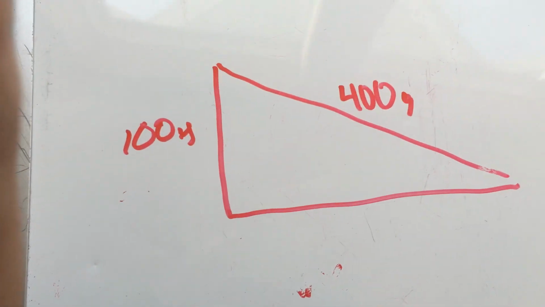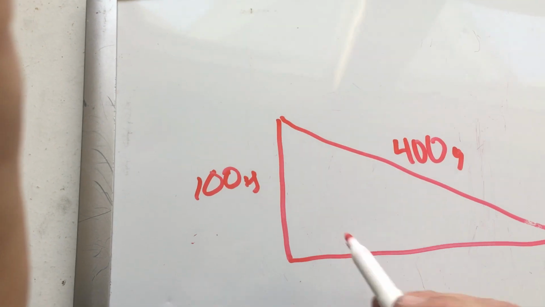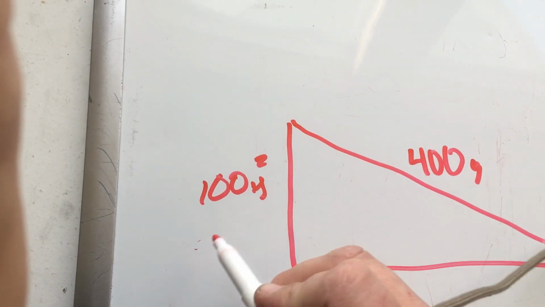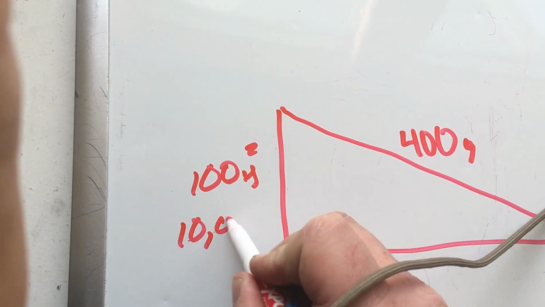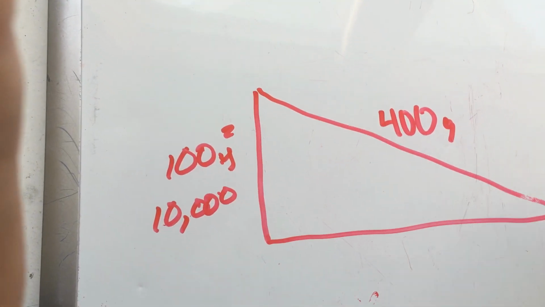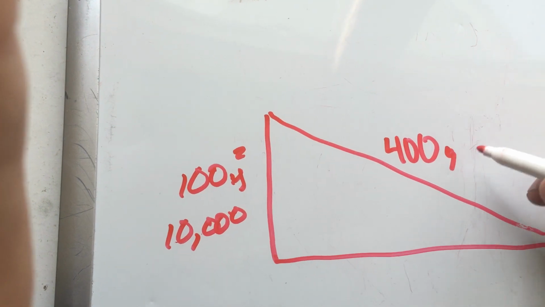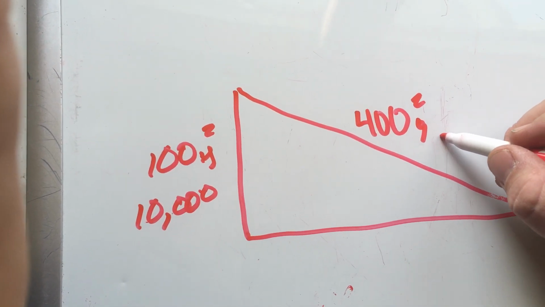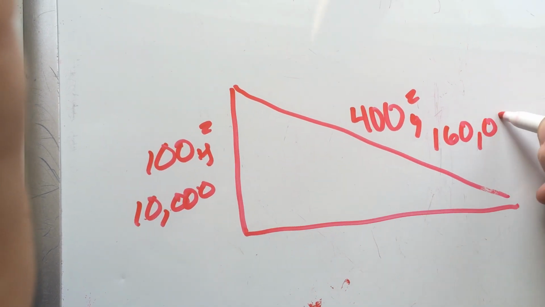And let's say the elevation is 100 yards, okay? So a 400-yard shot, 100 yards above your target. If we take 100 squared, that's going to give us that 10,000 number that we had before. If we square 400, it's going to give us 160,000.